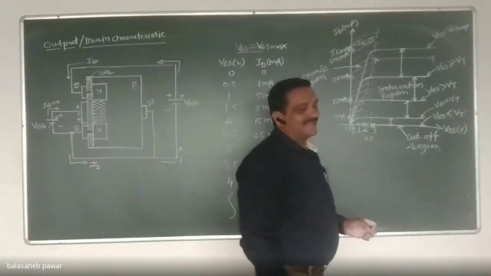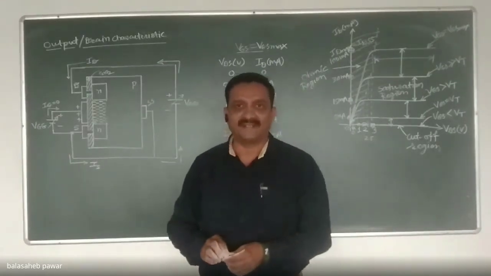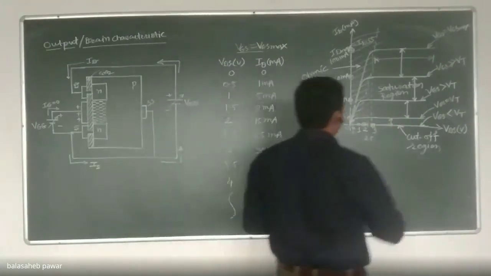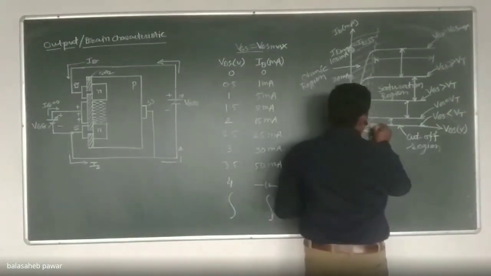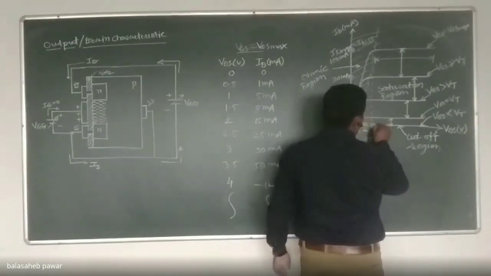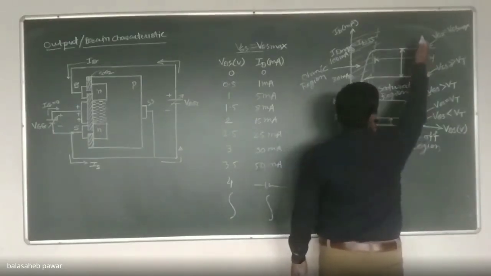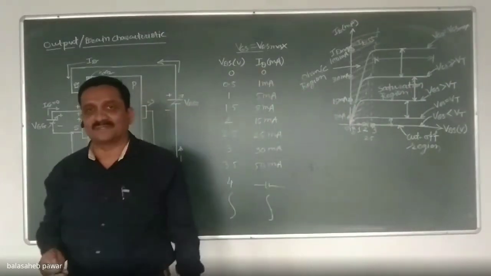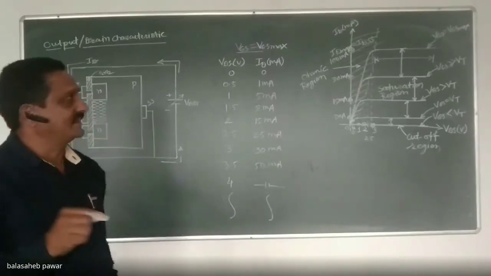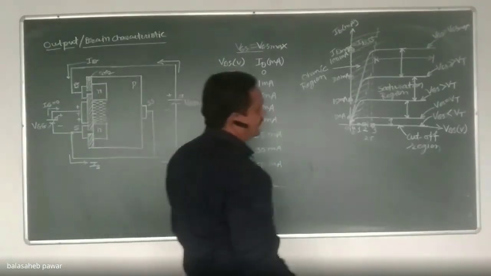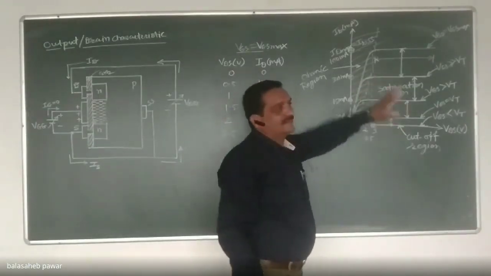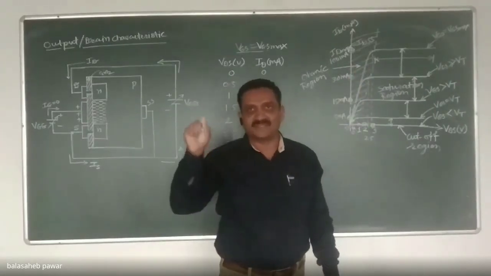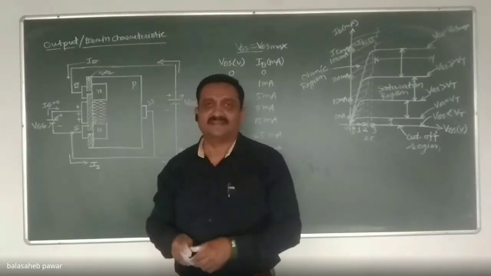This is known as the non-linearity of the device. The device is non-linear in nature. Last time we already discussed the transfer characteristic, and that curve was exponential in nature. Yes or no? I already wrote that equation while studying the transfer characteristic: ID equals K times (VGS minus VT) whole square.